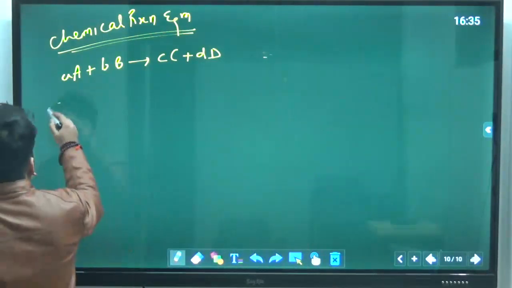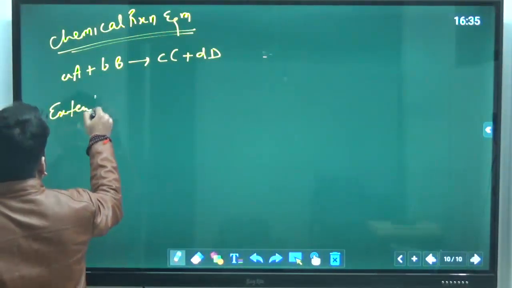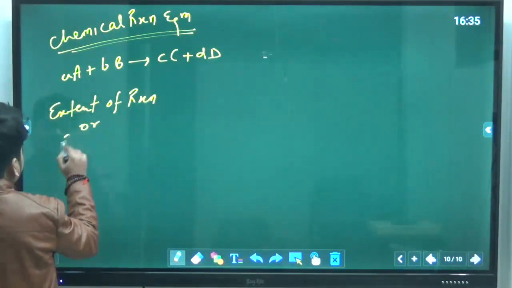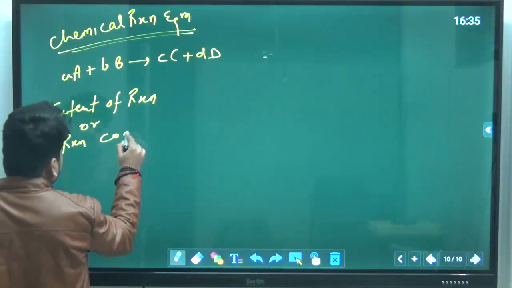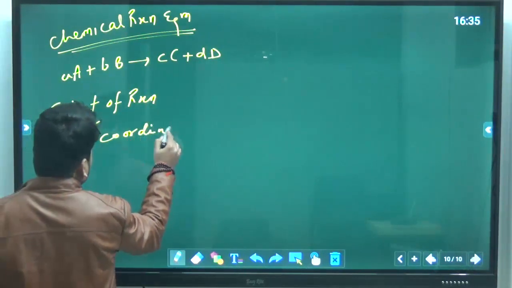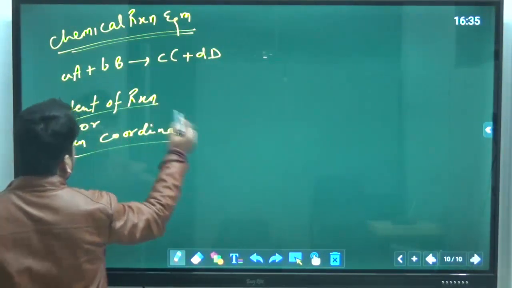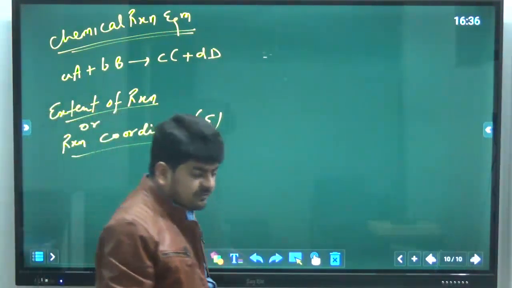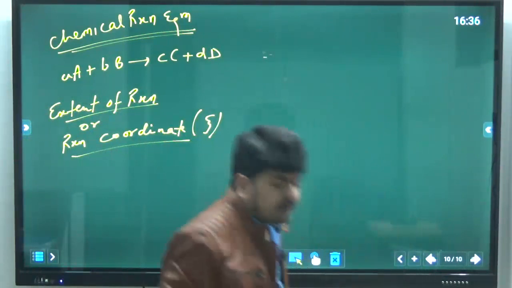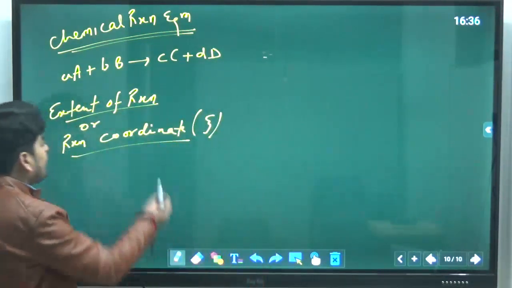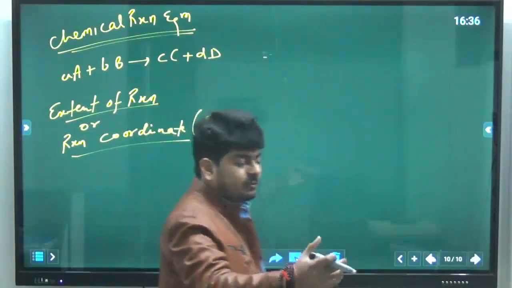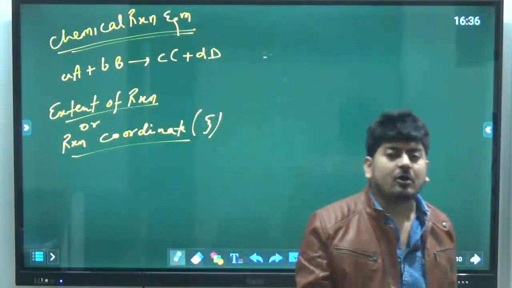So one thing here is called extent of reaction, also known as reaction coordinate, which can be denoted by zeta. What is reaction coordinate? What is extent of reaction? I hope you understand the meaning of coordinate. Coordinate we use to basically locate something.